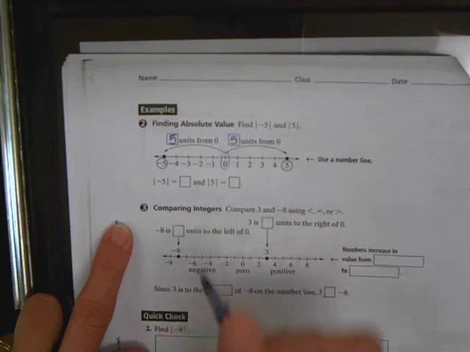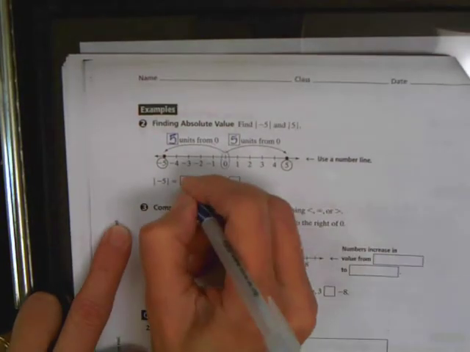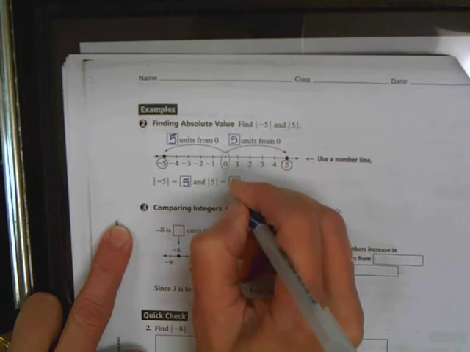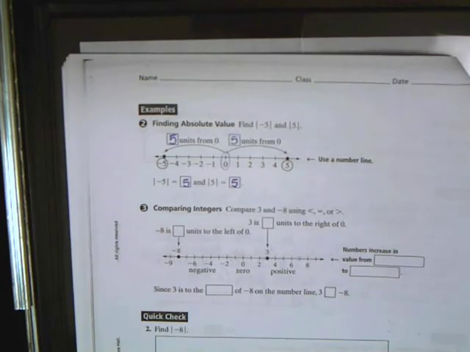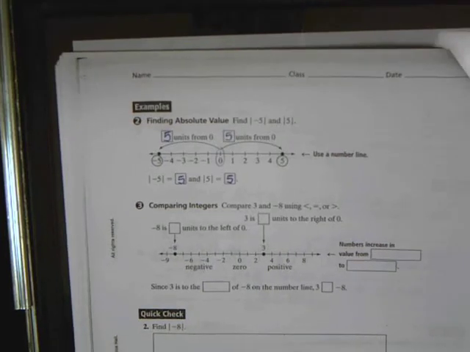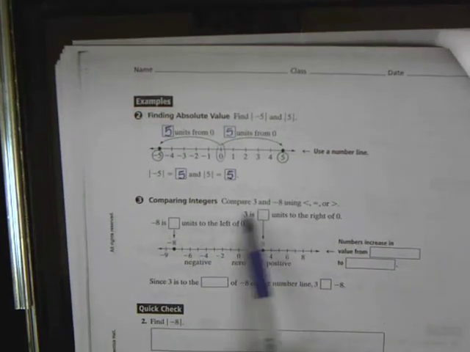So the absolute value of -5 is 5, and the absolute value of 5 is 5. That also makes 5 and -5 opposites because they're each 5 units from 0, but in different directions. Absolute value is simply how many units that number is away from 0.